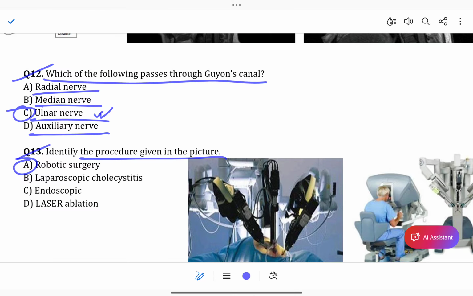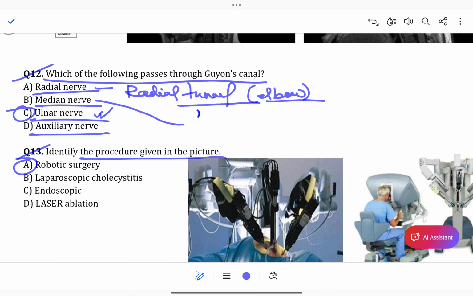Why is the other option not the radial? Not the radial, because the radial travels through the radial tunnel, at the elbow. The median passes through the carpal tunnel.